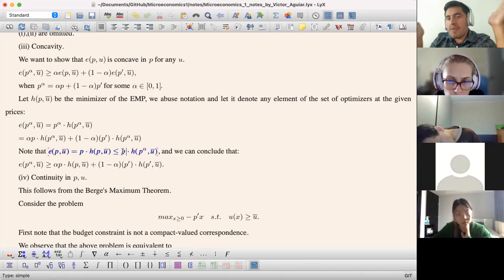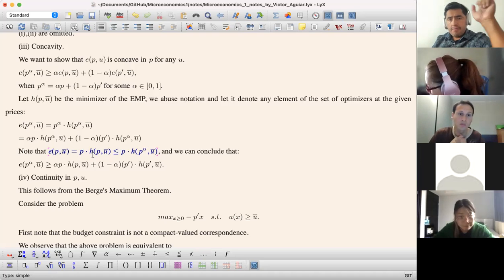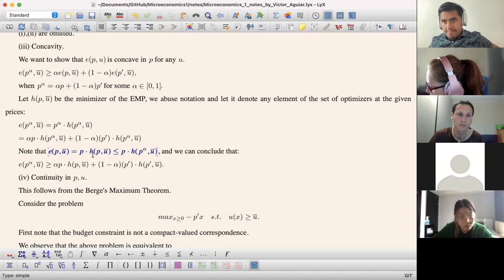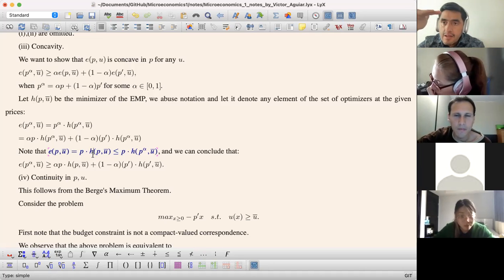So it's something else, and of course it can be equal or it can be above, just because P times H of P is the minimal object. Do you agree? So bear in mind that inequality.